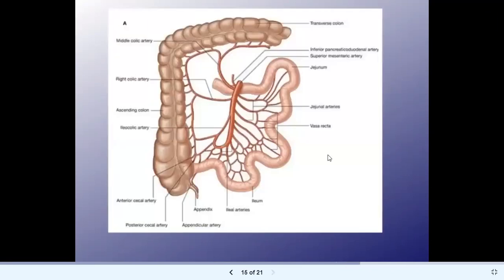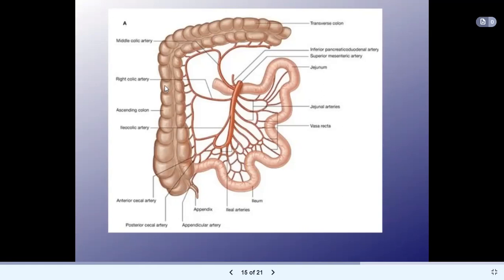So look at the diagram here. Everything we've been saying, let's look at it in this diagram. Here you find your appendix, and then here you find your cecum, where the appendix is attached.